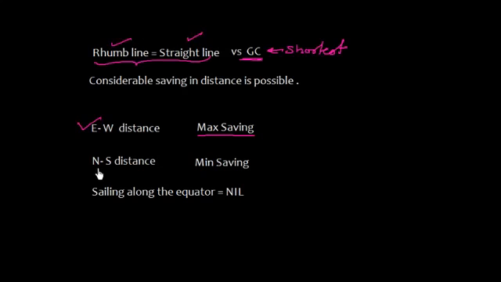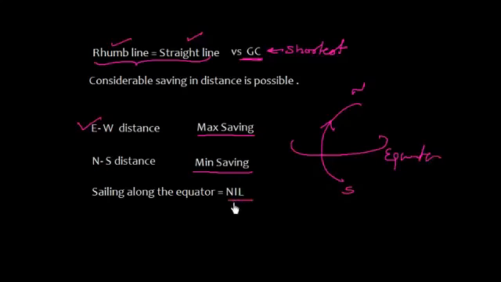However, when the distance is north-south, then saving is minimum because you are traveling along the path of meridians. This is north and this is south. Also, if we are sailing along the equator, then the difference between great circle sailing and rhumb line sailing is almost nil.